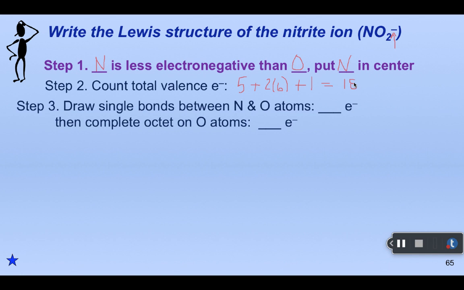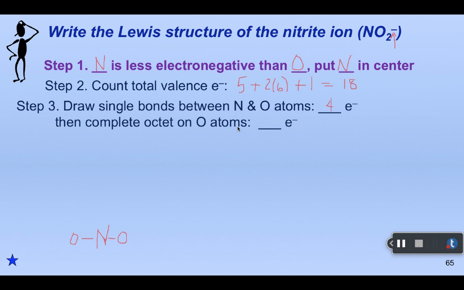All right, so nitrogen's going in the center. You're going to need to put 2 oxygens with it, and we'll start out with that skeletal arrangement, and then we'll put single bonds between nitrogen and oxygen, 1 each for the time being, and that's 2 electrons in each bond, so we have 4 electrons.